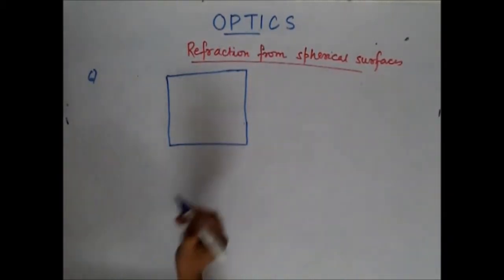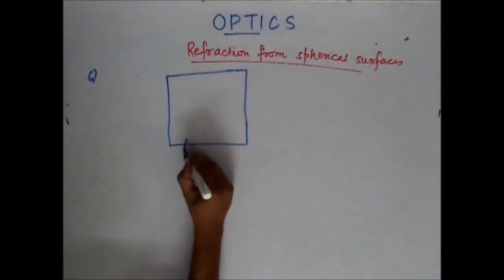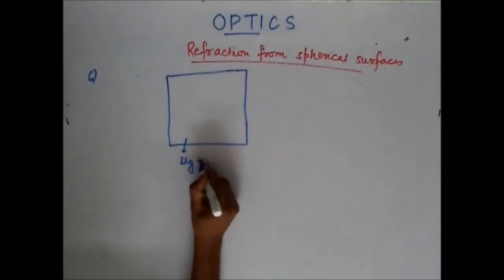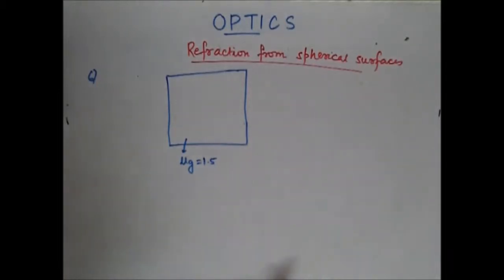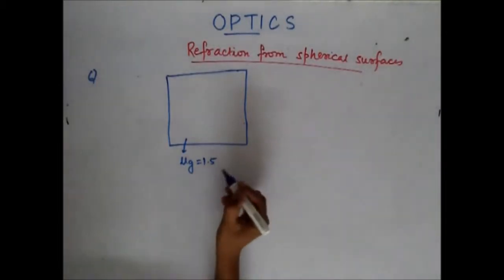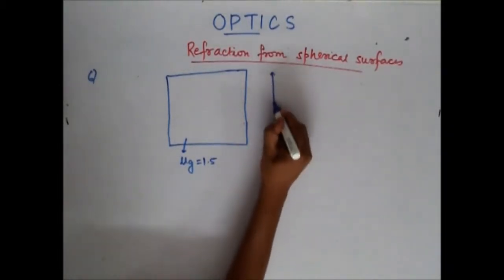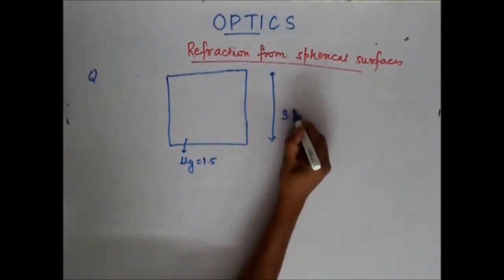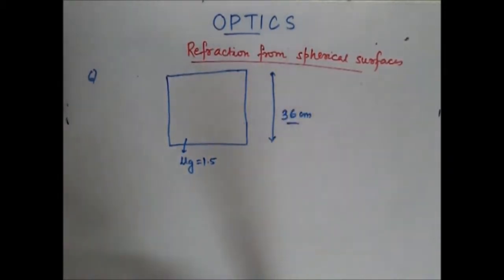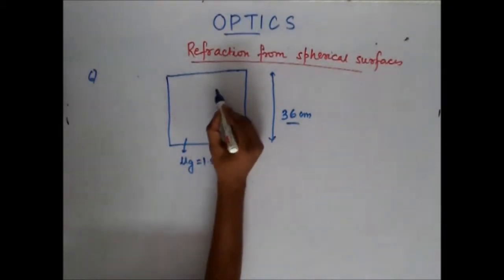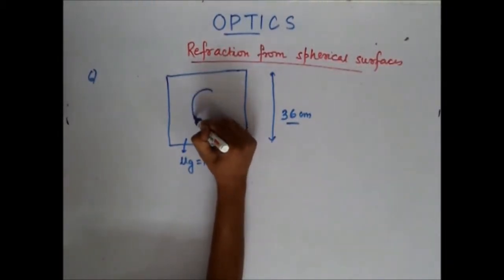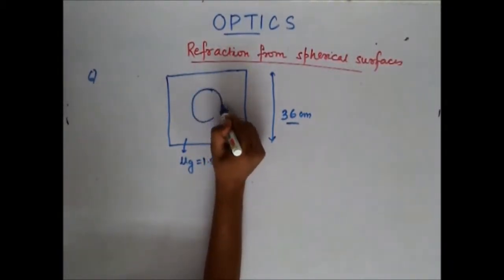Okay. The refractive index of the glass of this medium is 1.5 and this has a side of 36 centimeter. Now you have a spherical cavity inside this cubical block.